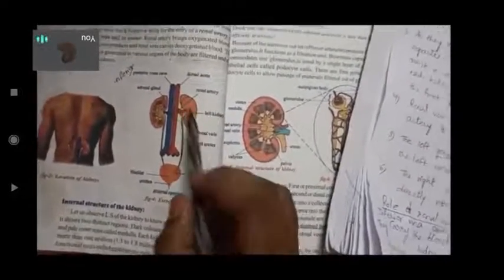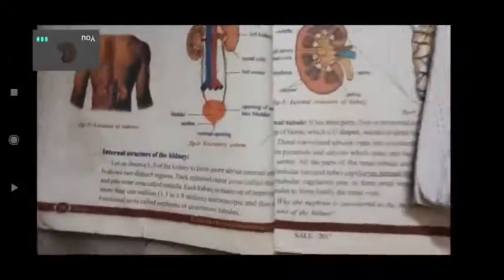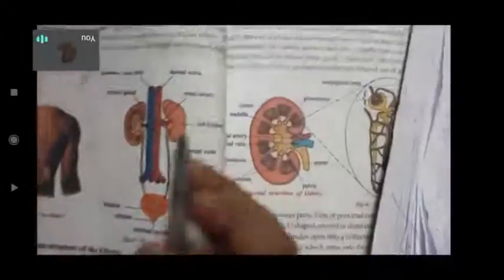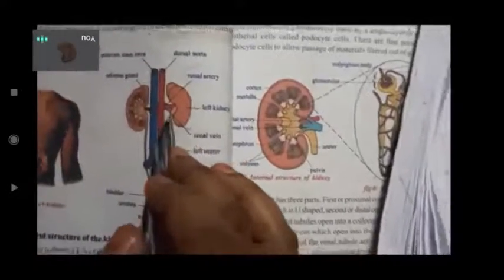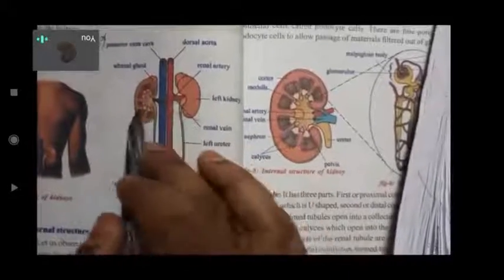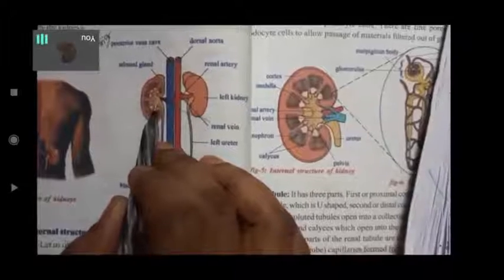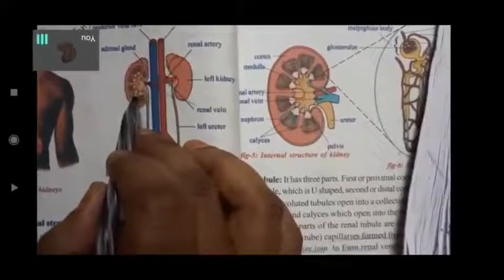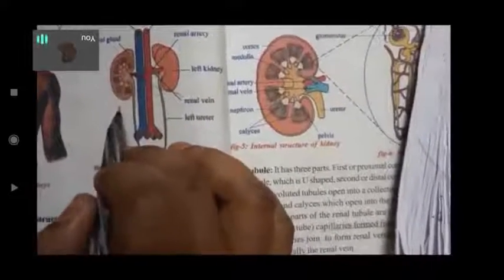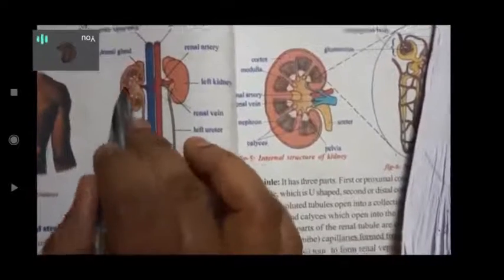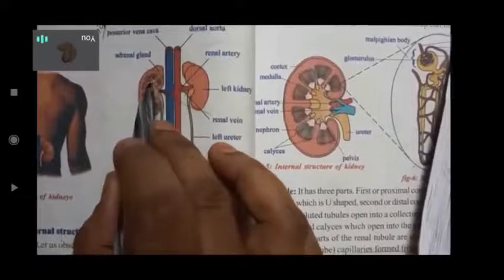The aorta is divided into two branches, left and right, and they enter into each kidney. Thus the arteries are divided into small arterioles, and then into small glomeruli. These are located in the kidneys, inside the nephrons.